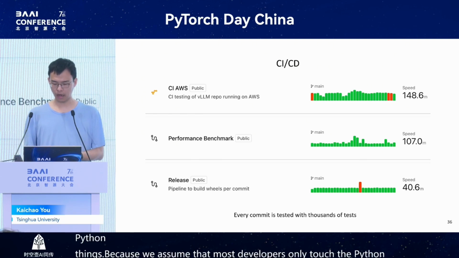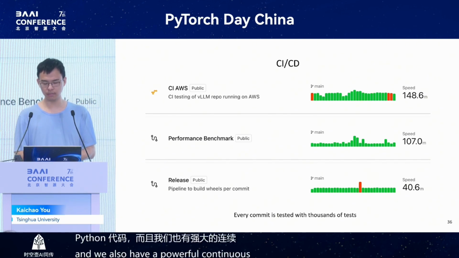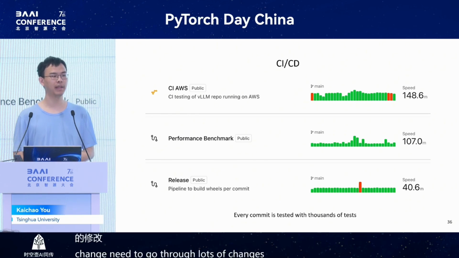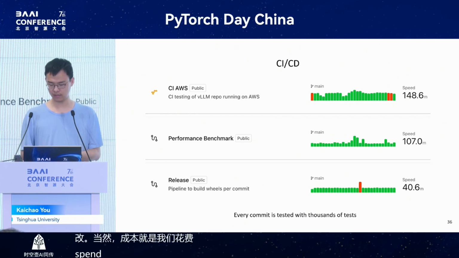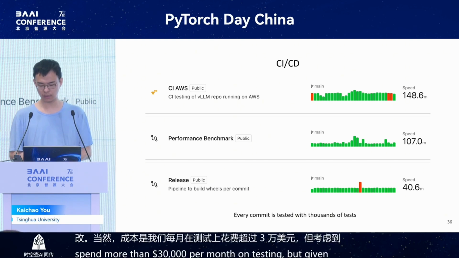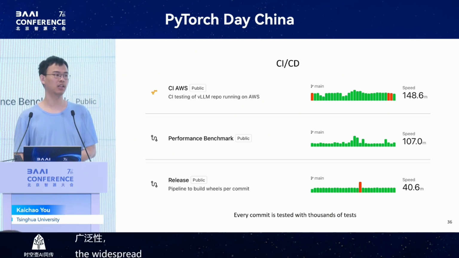We also have a powerful continuous integration system, and every code change needs to go through lots of tests. Of course, the cost is that we spend more than $30,000 per month on testing. But given the popularity and widespread usage of vLLM, we think the cost is worthwhile.